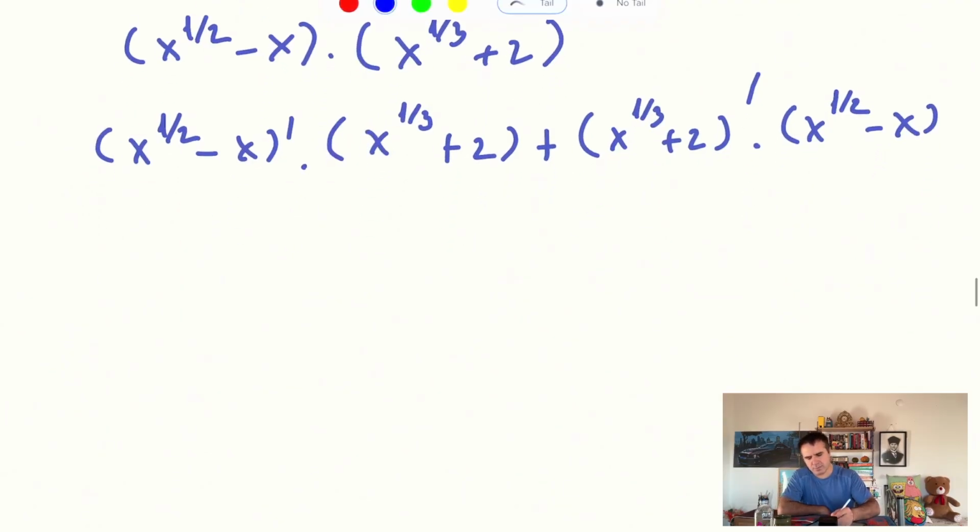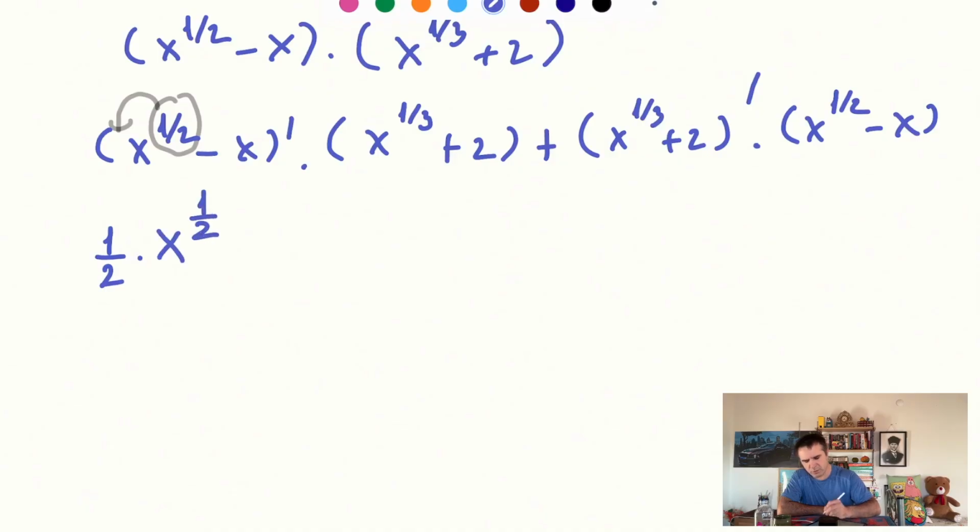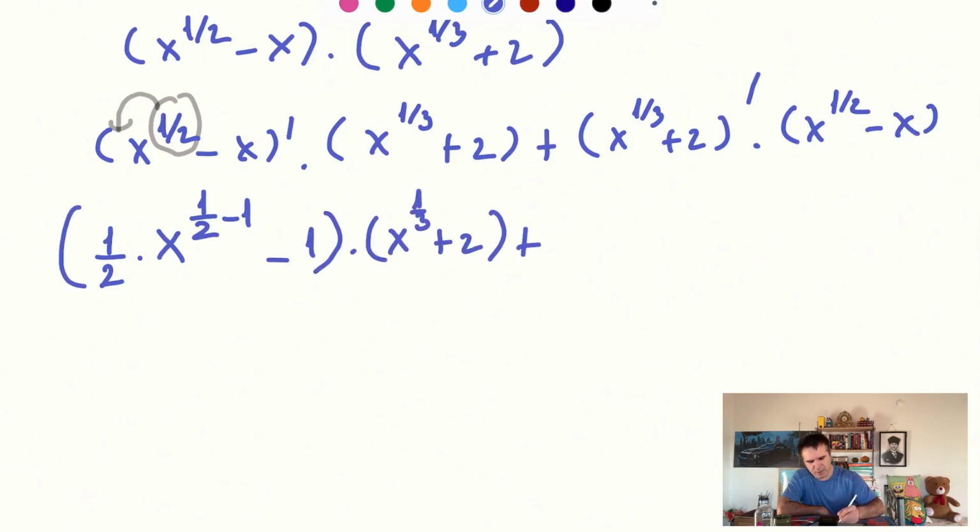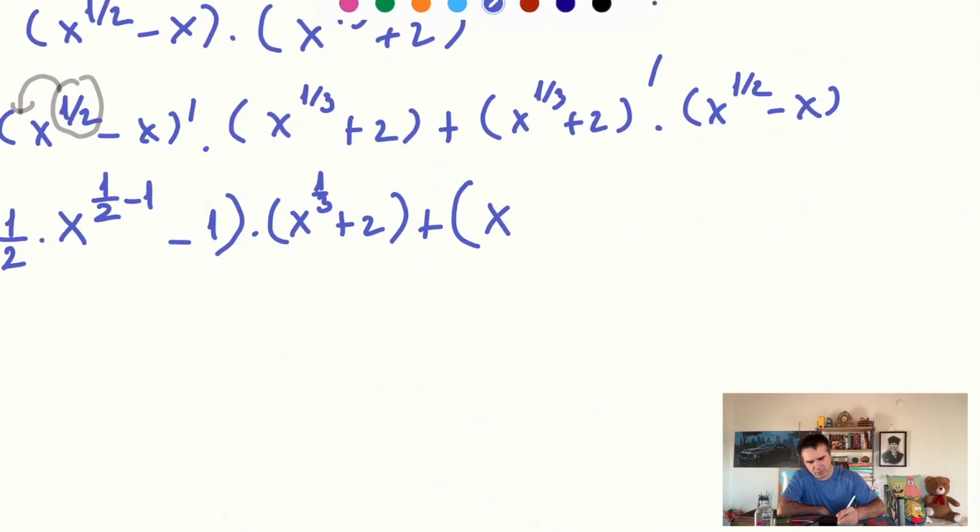Okay, we will take the derivatives term by term. Here we have the exponent and we will take it as coefficient, and this is equal to 1 over 2 times x to the power of 1 over 2. We will subtract 1 from the exponent, minus the derivative of x is 1, times x to the power of 1 over 3 plus 2, plus x to the power of 1 over 3 plus 2.